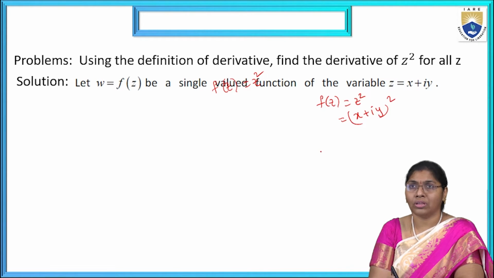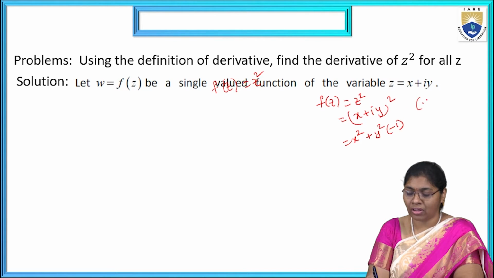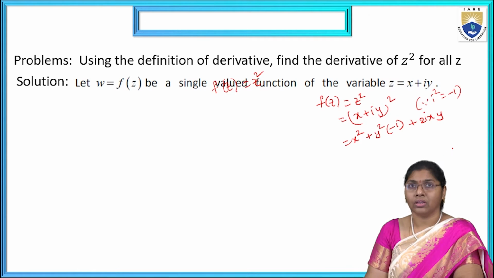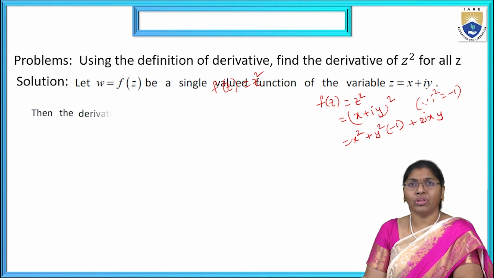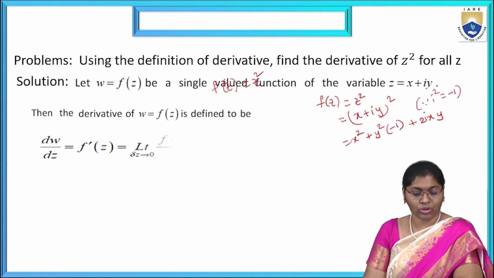So (x plus iy) whole square, that means x square plus y square into minus 1, since i square is nothing but minus 1. Substituting that, plus 2ixy. Now that is the function f of z.